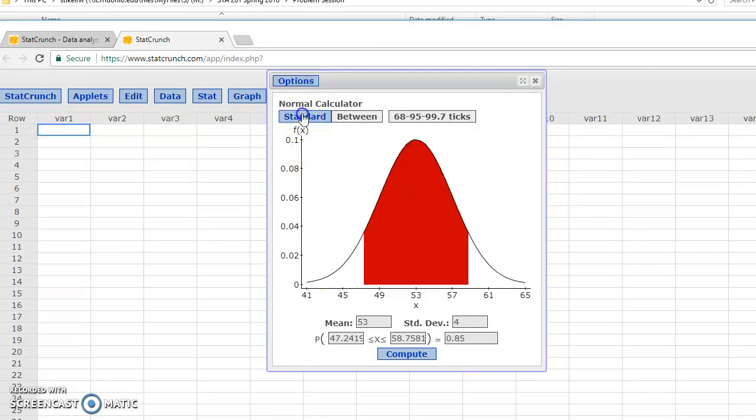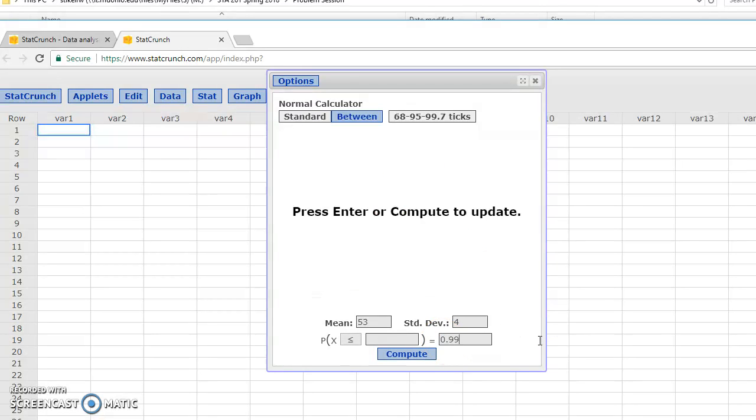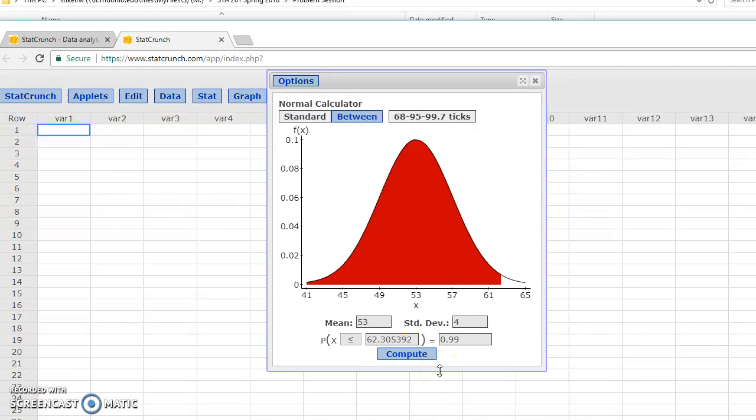So going back to standard mode, if I want to determine what time to allow for 99% probability, I would go over here and type the decimal equivalent of 99% in the right box and leave this box blank on the left. Press compute. I get 62.31 minutes, which means I have a 99% probability of arriving within 62.31 minutes.